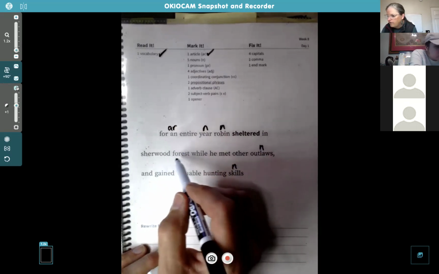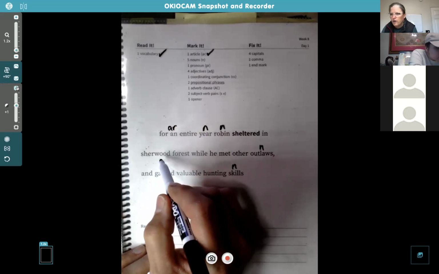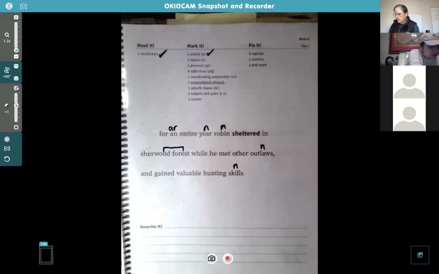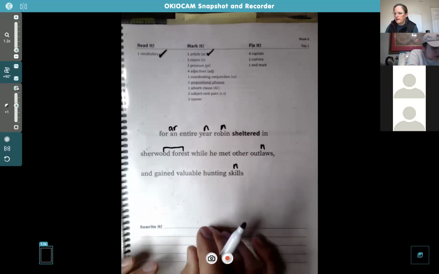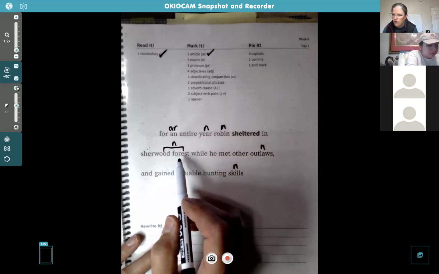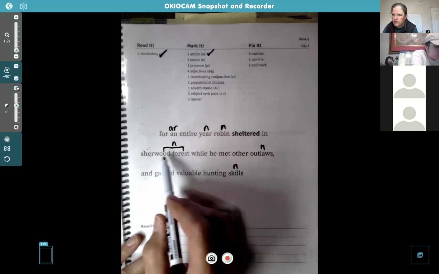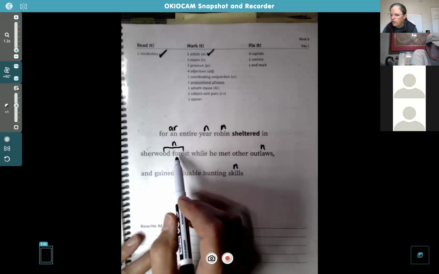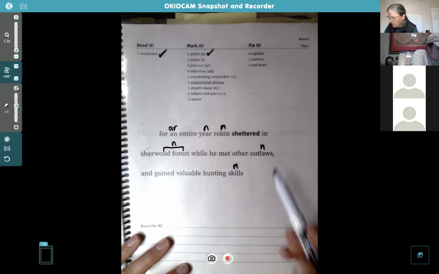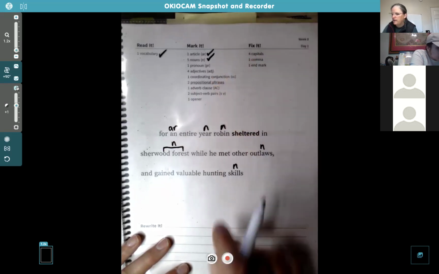Good. And actually, forest, did you say Sherwood Forest? Oh, okay. So Sherwood is the name of the forest. So actually, we're going to put a little bracket like that. You're right, though. Forest is a noun, but so is Sherwood because it's the name. So Sherwood Forest, we're going to put a bracket like that. So 1, 2, 3, 4, 5. Yep, you got it. Good job, Harmony.